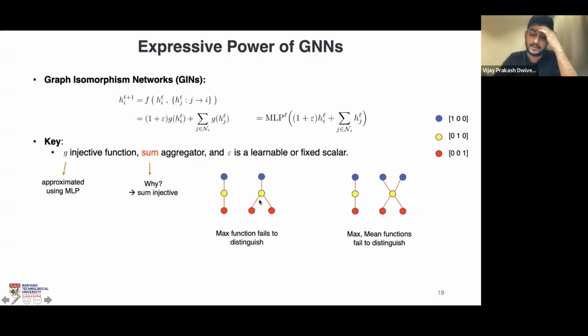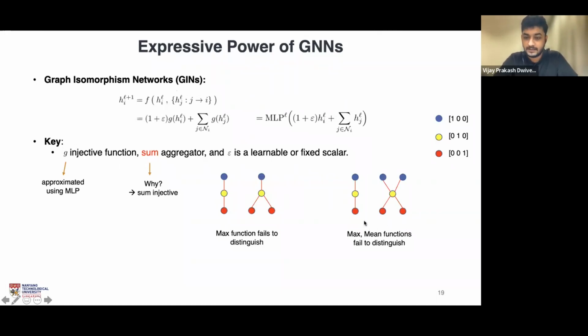Although we know that in the second case, the yellow node has two red neighbors. If we do an element-wise max, it would simply be 1, because the red has 0, 0, 0, 1. It will take the max of the neighbors, and it will have the same output, and hence it fails to distinguish that these two graphs are different in terms of the number of neighbors of red color.